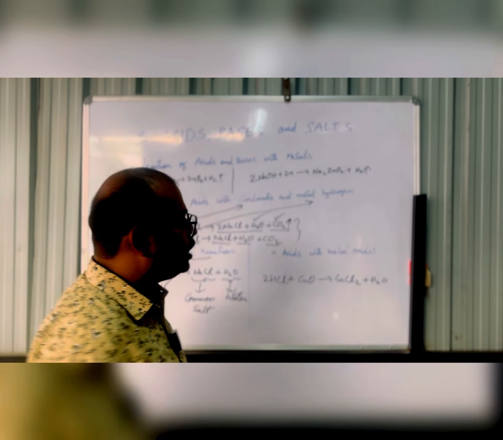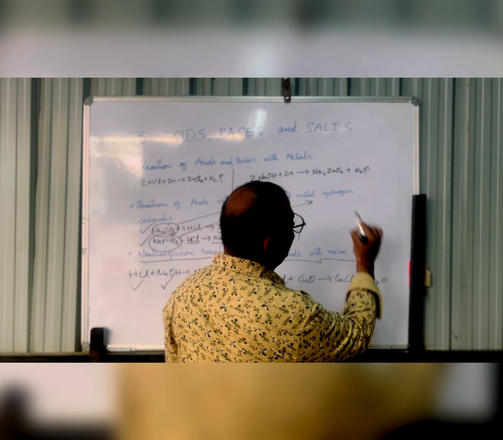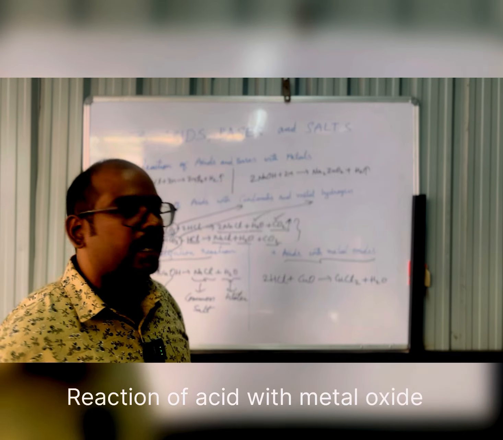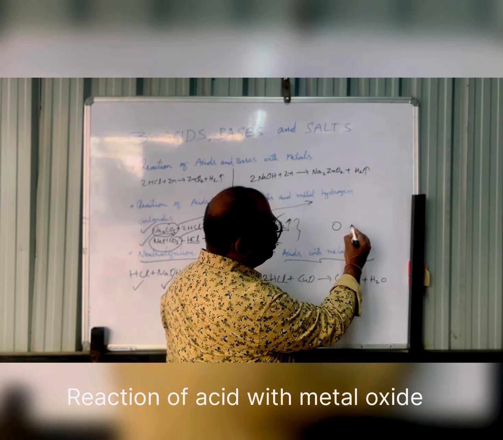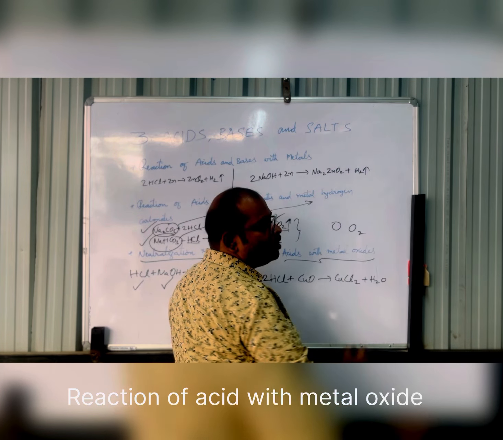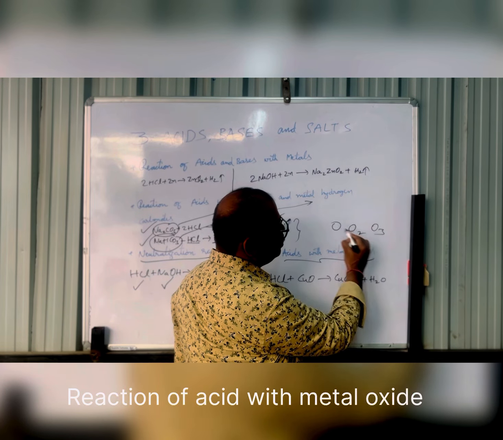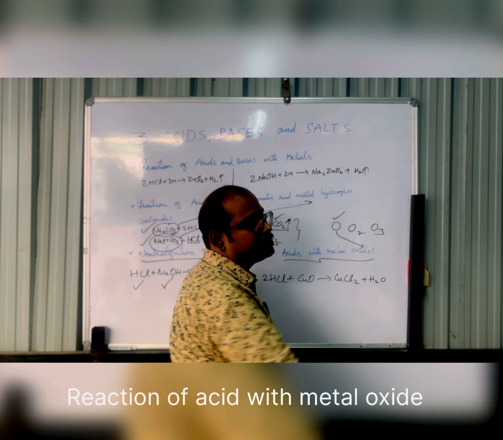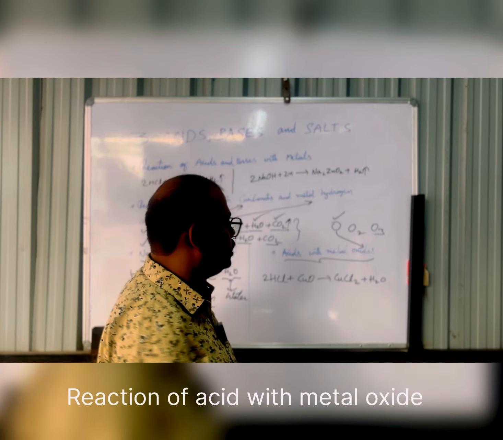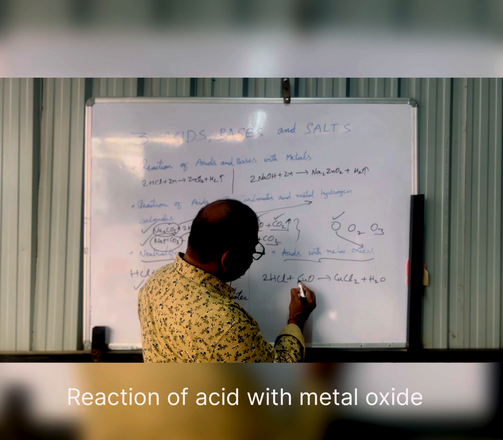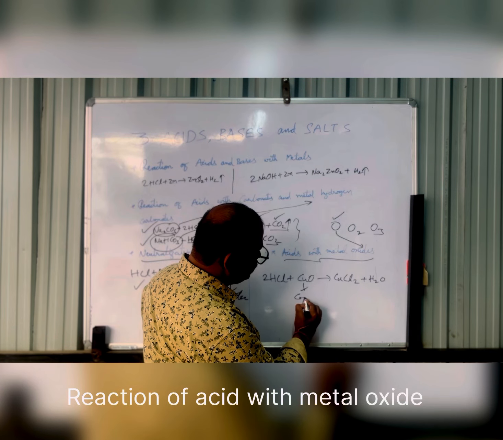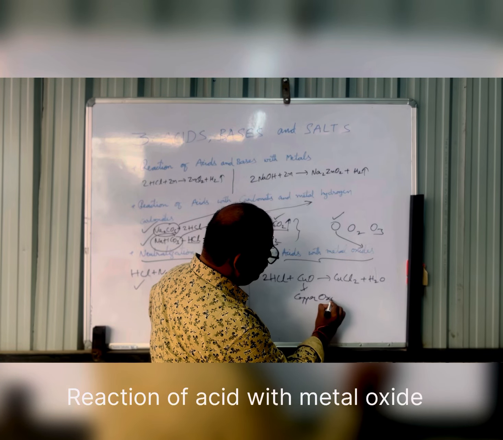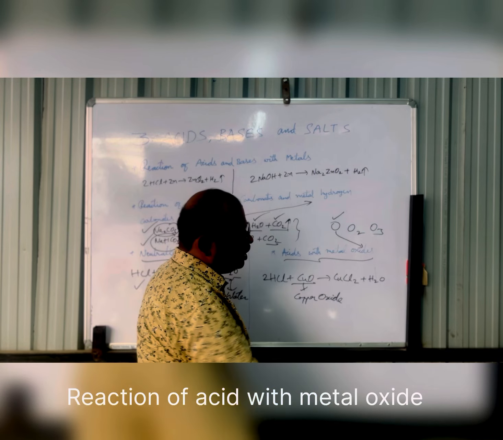The next reaction, students, is acid with metal oxides. Oxide is O, dioxide is O2, trioxide is O3. So the question is asking about metal oxides, not dioxides and trioxides. Here, CuO is called copper oxide. This is the reactant.